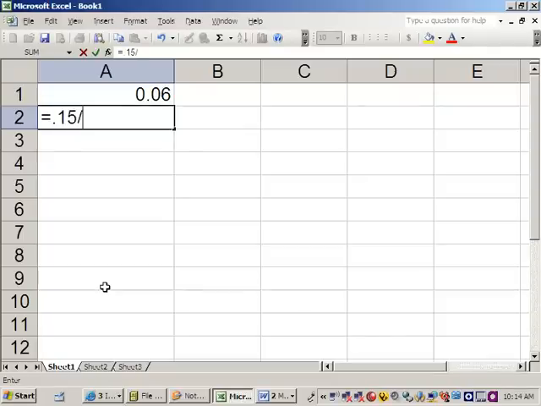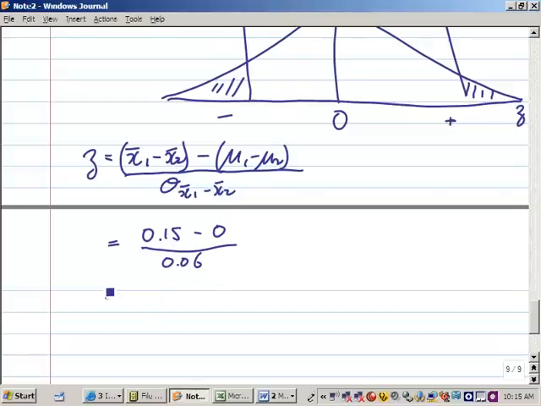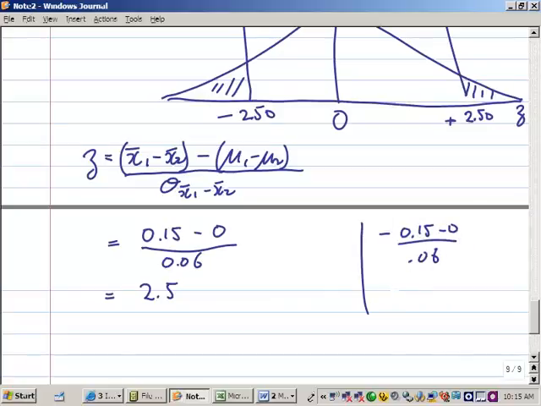Alright, 0.15 divided by 0.06 is 2.5, or 2.50 if you like, and the same thing will occur on the lower end. You can do that calculation too. There'll be negative 0.15 minus 0 divided by 0.06, and that'll be negative 2.50. Okay, two places.